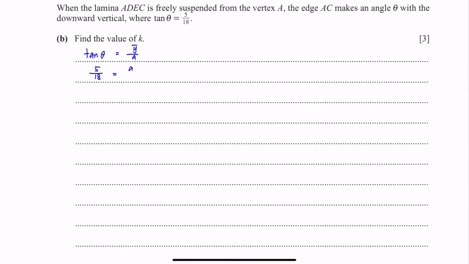and y bar is a times k plus 2 times k minus 1 over 3k times k plus 1, divided by a. So we cancel the a, and now we would have 18 times k plus 2 times k minus 1 equals 15k times k plus 1.